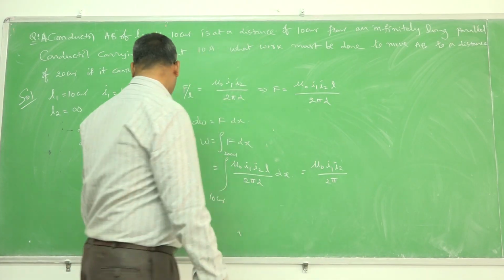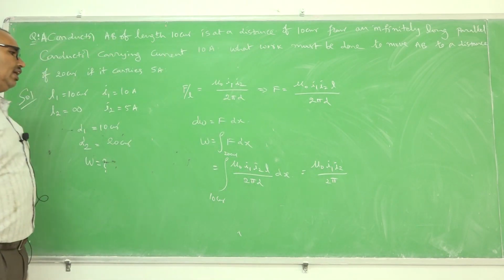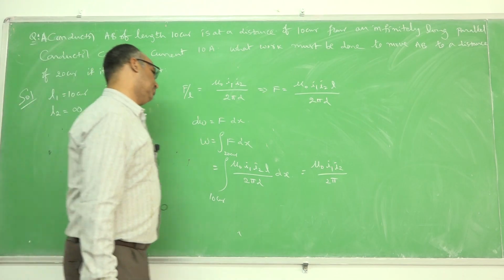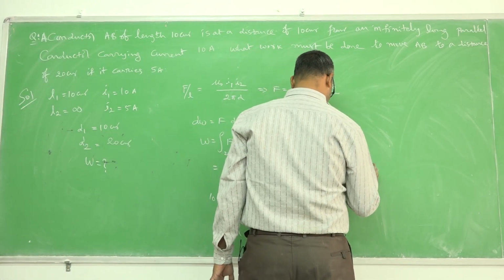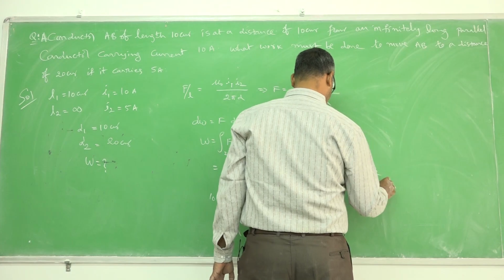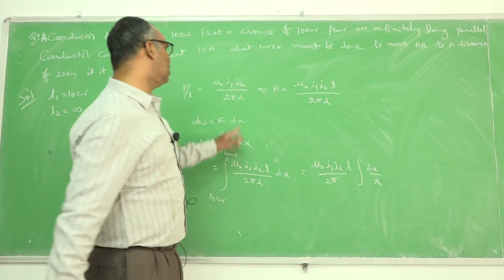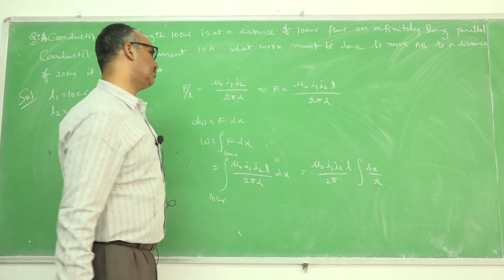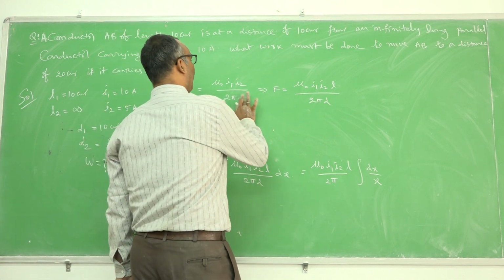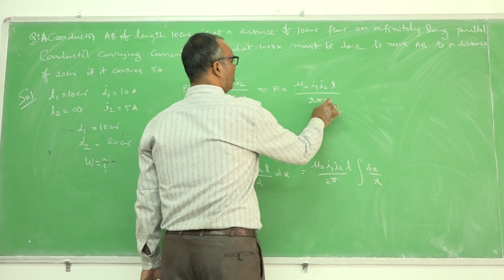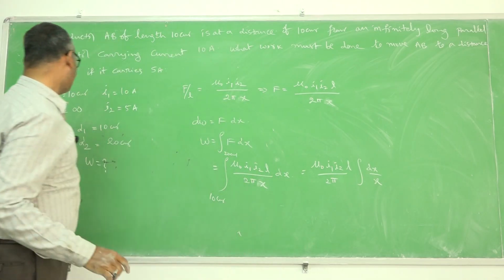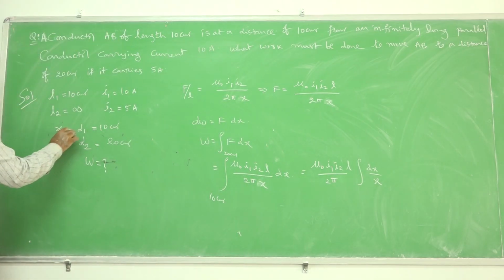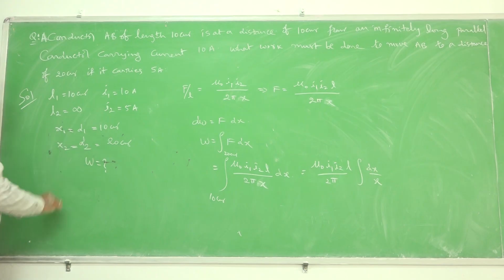Here the distance I am taking as letter x. So integral L dx by x. This distance I am representing with x. Okay, 2 pi x you better write. Here also initial separation is x1, final separation is x2.